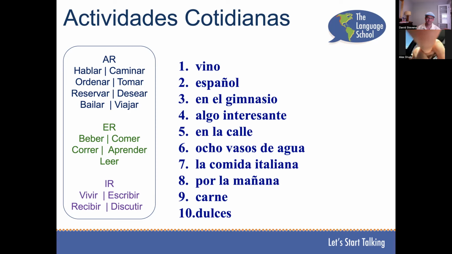Something interesting. ¿Comes algo interesante? Sí, como la comida cubana. Eat something interesting, yeah. I eat Cuban food. That's interesting. En la calle.